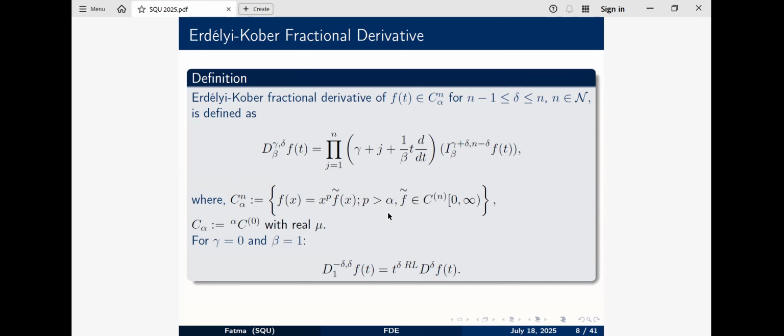It is given by this form, so it is the derivative of the integral, the normal way for the Riemann sense. Again, for gamma equal to 0 and beta equal to 1, the Erdélyi-Kober derivative reduces to the Riemann-Liouville derivative times some power function.